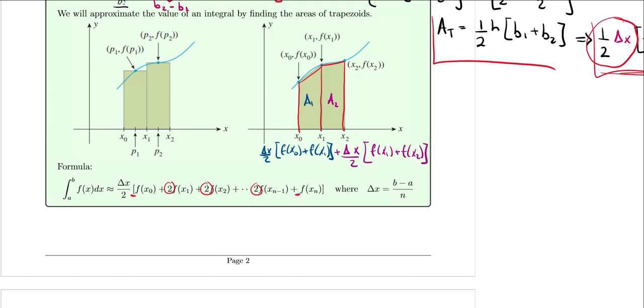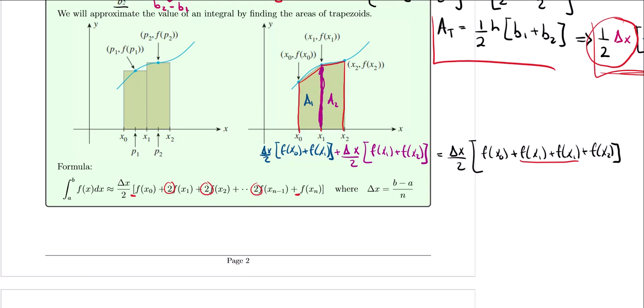Now, if we go ahead and simplify this, we can go ahead and factor out a delta x over 2. And what are we left with? Well, we're left with an f of x naught plus f of x1 plus f of x1 plus f of x2. Now notice here, well, it looks like you're adding the f of x1 twice. And you're adding it twice because, well, on the first trapezoid, it was the right endpoint. I'll put it here in this color.